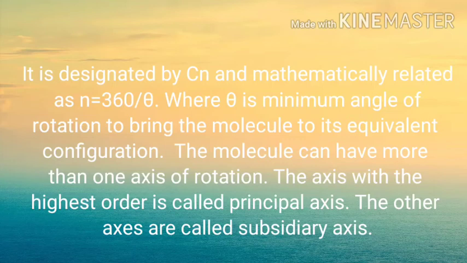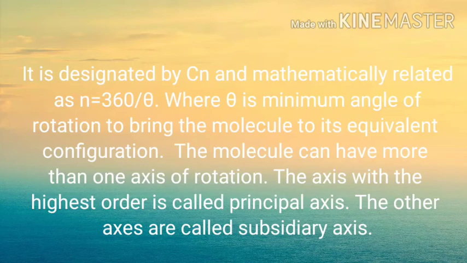And how many C2 axes of rotation are there in BCl3? Since there are 3 BCl bonds, the axis of rotation over each BCl bond makes it 3. Therefore there are 3 C2 axes of rotation, and 1 C3 axis of rotation.